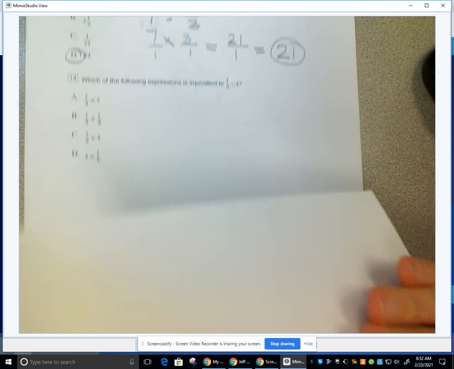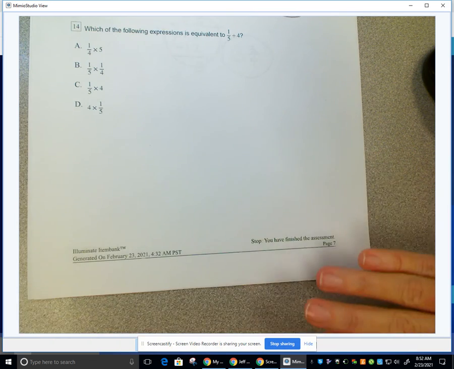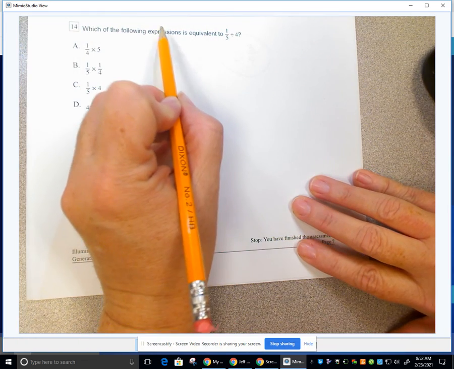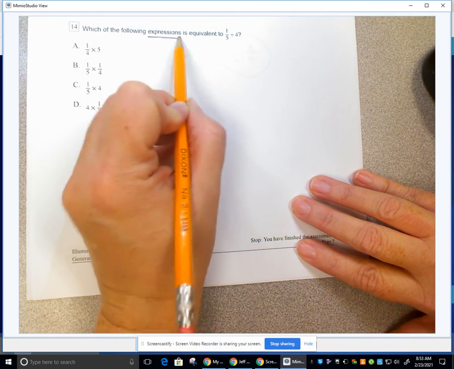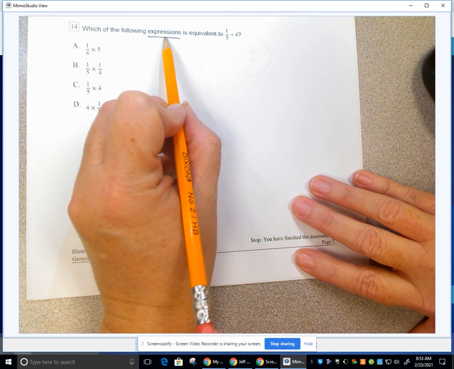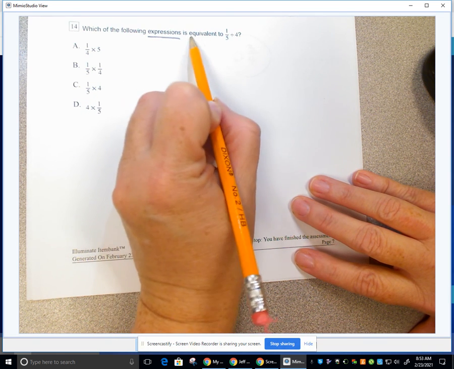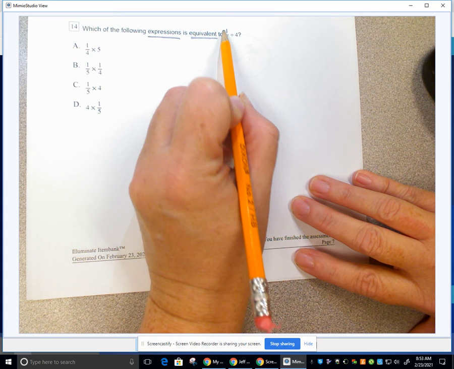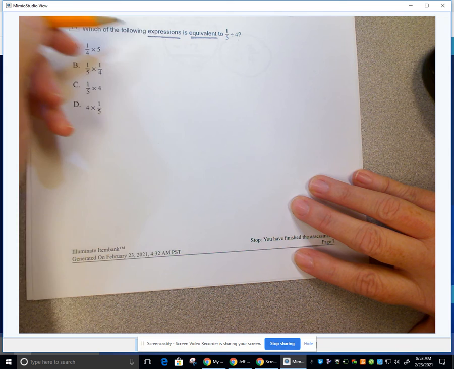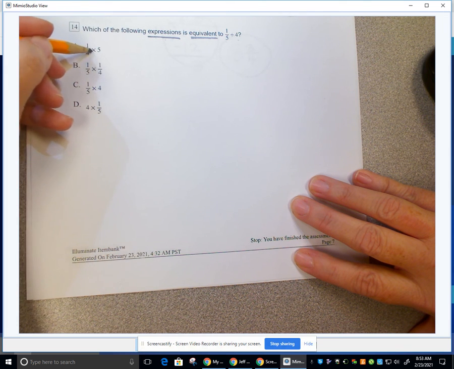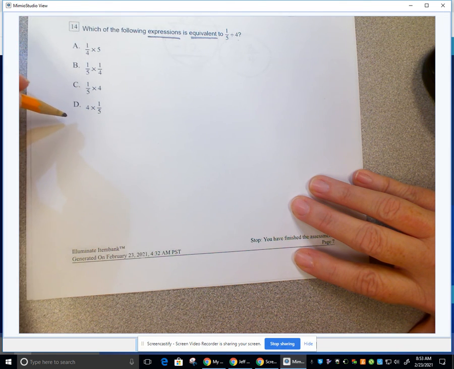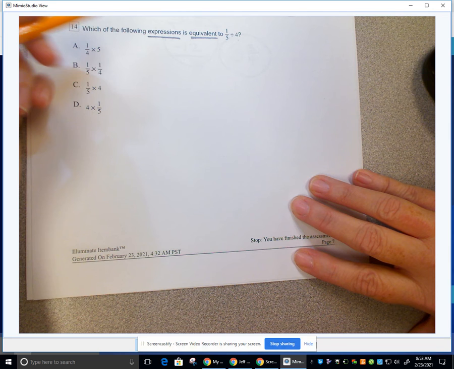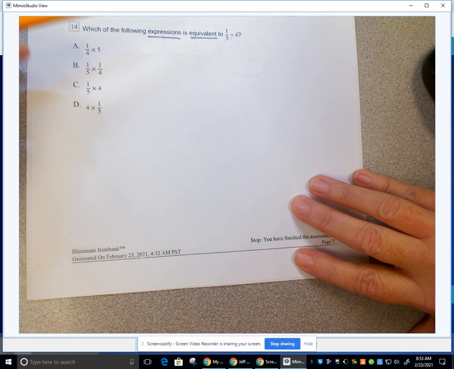Okay? All right. Last one. Which of the following expressions is equivalent to 1/5 divided by 4? Now notice all of these are multiplication problems. What do you think they did to make it go from division to multiplication? I hope you're thinking it's what we've been doing.